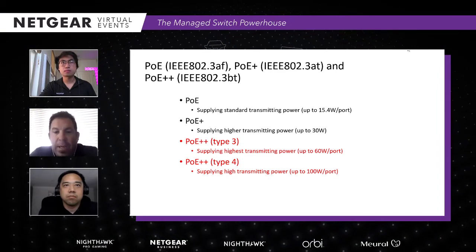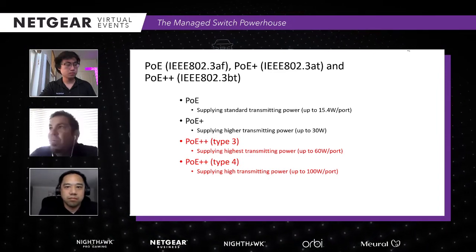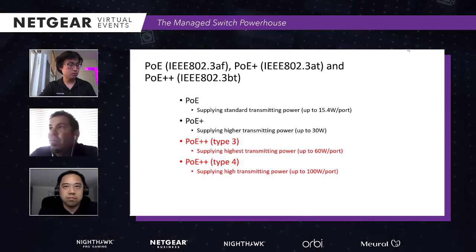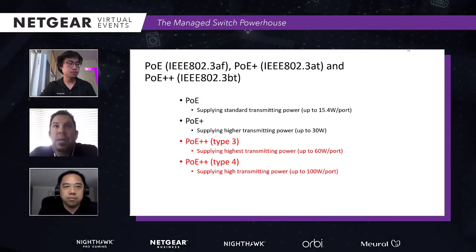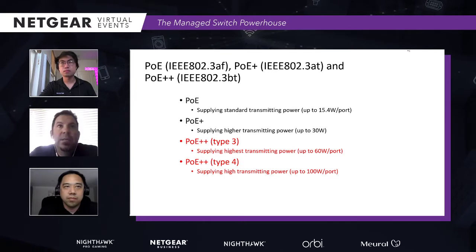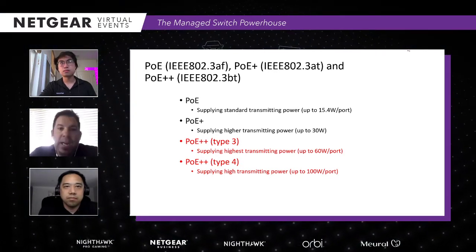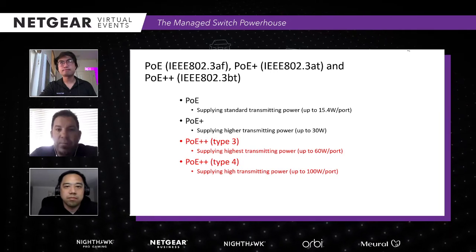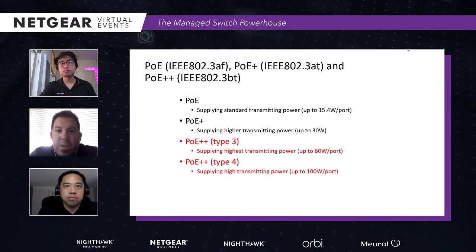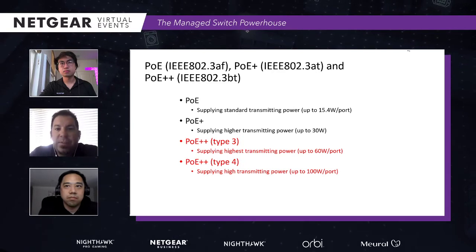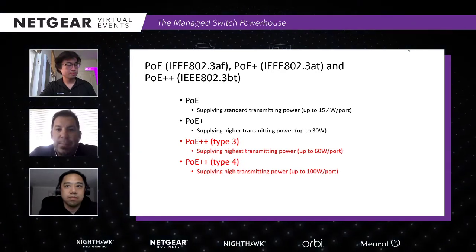And that was fine back in the day when we had wireless G, wireless N, standalone cameras, just regular phones. But then, like everything else, technology advances, and there was a need for greater power. So the next standard that came out was the IEEE 802.3 AT, which specifies up to 30 watts.